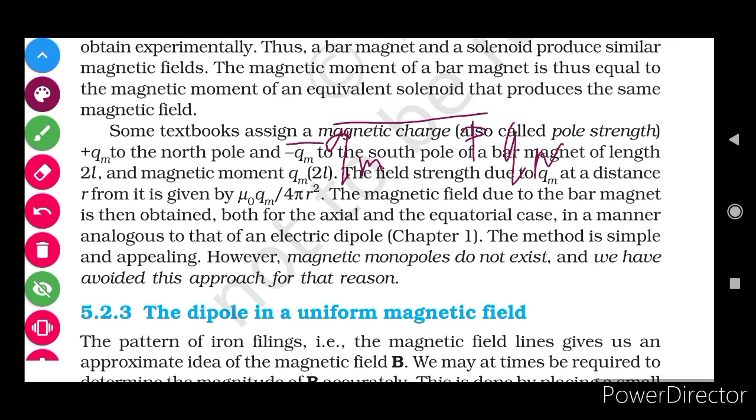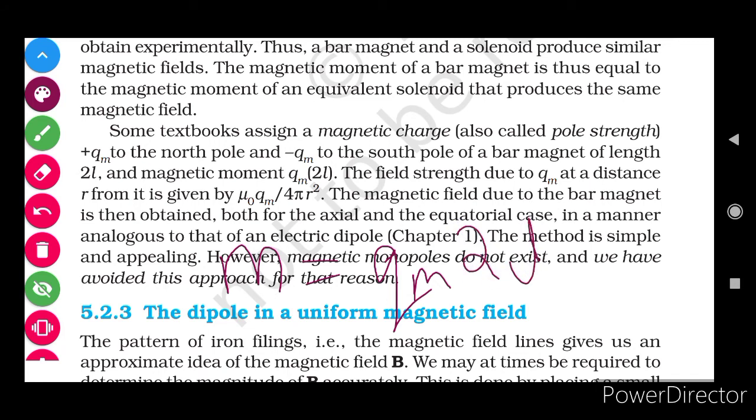We call it pole strength, the magnetic charge. We calculate the magnetic dipole moment similar to the electric dipole moment. What was the electric dipole moment? p is equal to q into 2l. Here the magnetic moment will be qm, the pole strength or magnetic charge, times the distance between the two poles.